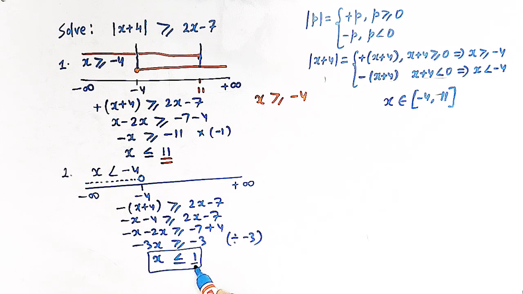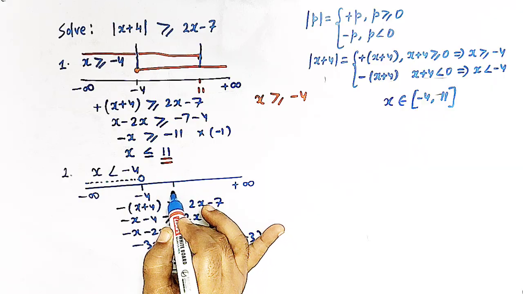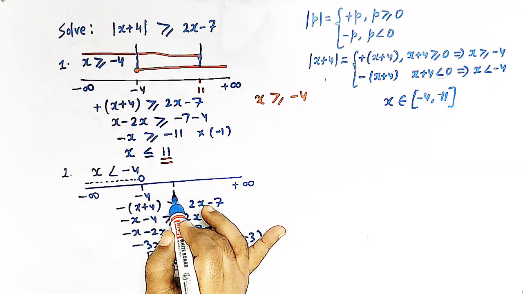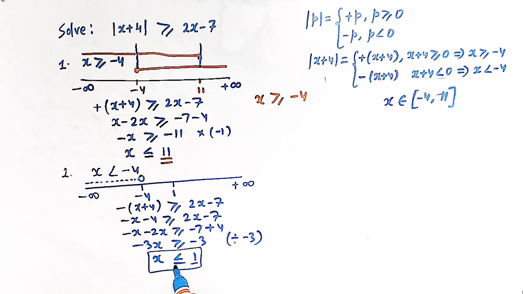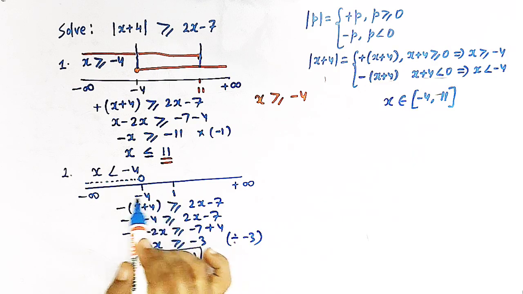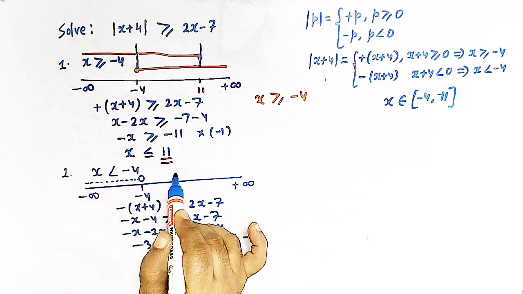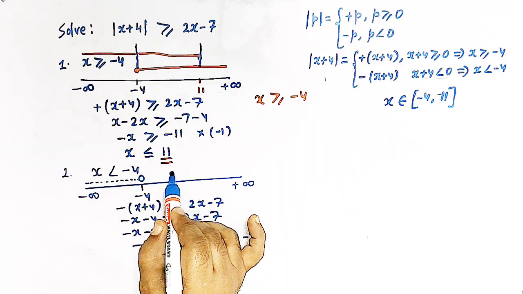So let us now represent this point 1 on this real number line. So here we have a 1, right? And here 1 is also included because we have the equality. So x less than or equal to 1 is given by this region, because here we have 1.